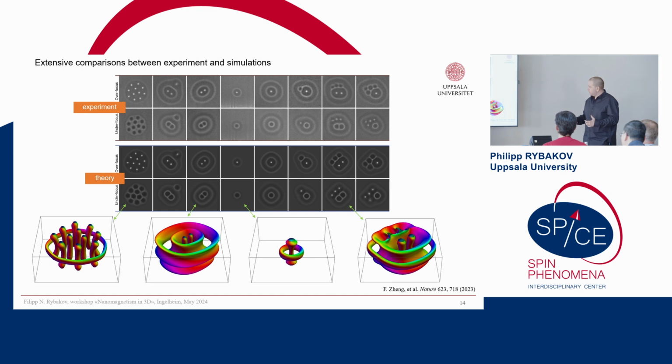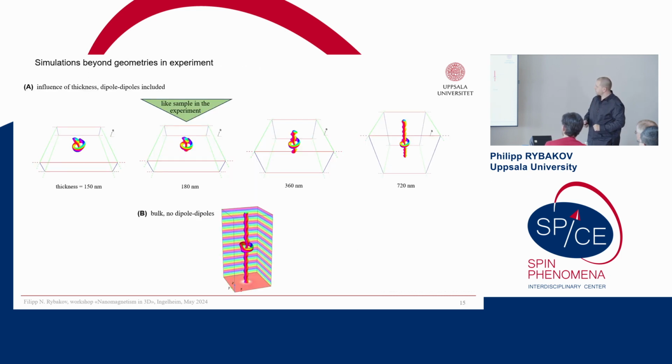We found a lot of different textures, and for them we found the corresponding stable solution in the micromagnetic model. You can see a lot of examples here, and not all of them, just a part. And the pictures, experiment and theory, are fully quantitative.